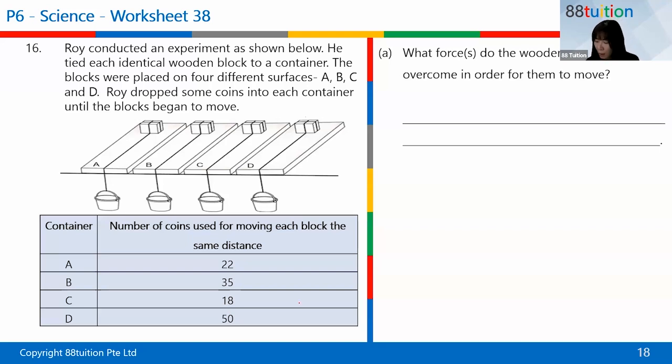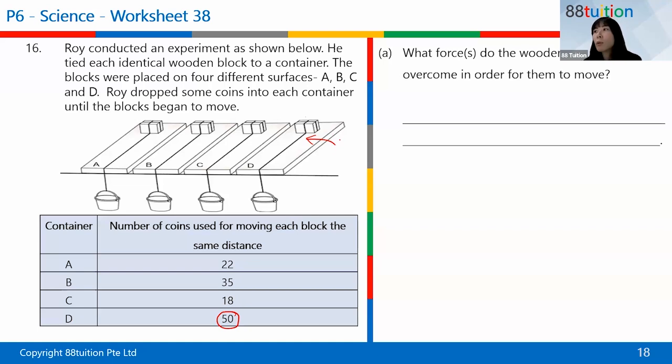So since that is the case, what can I say about this particular surface here? Okay, on this particular surface D, right? You see, this surface D requires so many coins before the pail can move a certain distance. So that means there is greatest friction between the surface and the block.